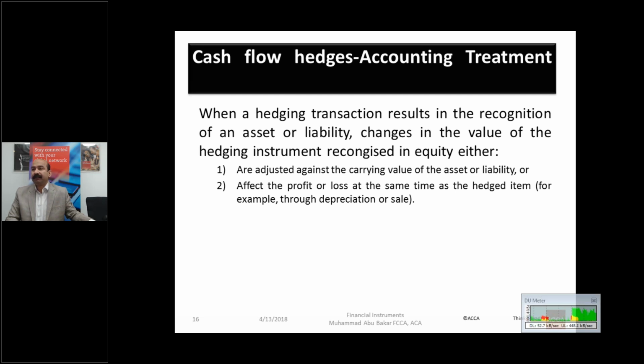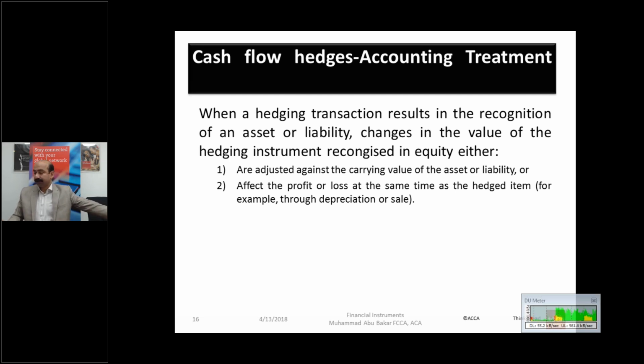There, I will be explaining again this effective and ineffective portion, and not only that, but also the slide in front of you, which says: when a hedging transaction results in the recognition of an asset or liability, changes in the value of the hedging instrument recognized in equity either are adjusted against the carrying value of the asset or liability or affect the profit or loss at the same time as the hedged item, for example, through depreciation or sale.